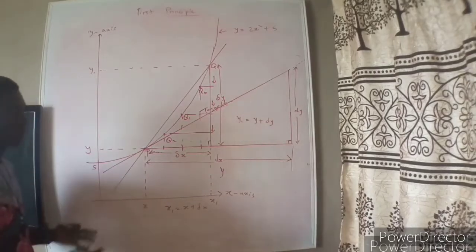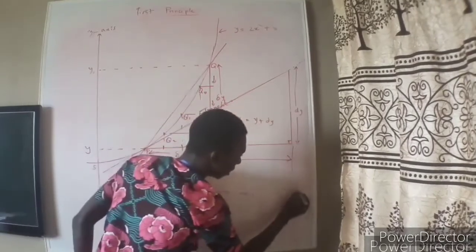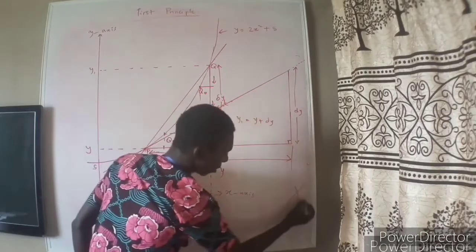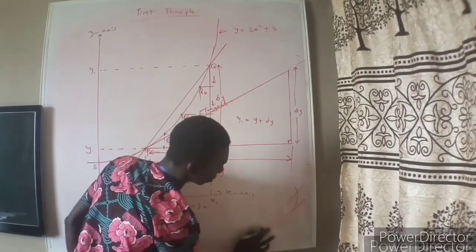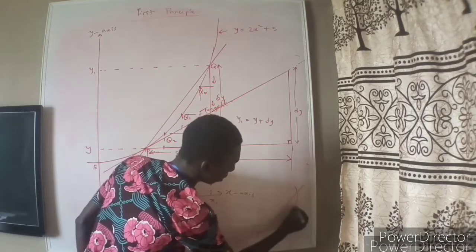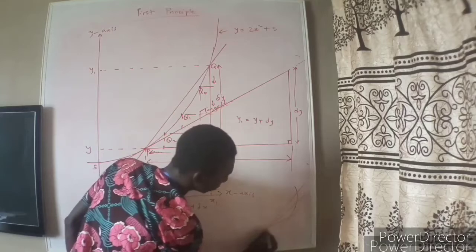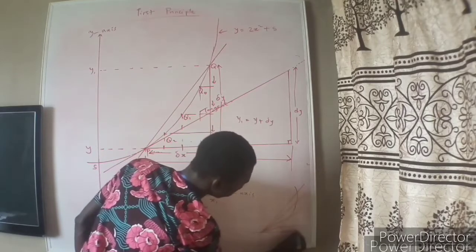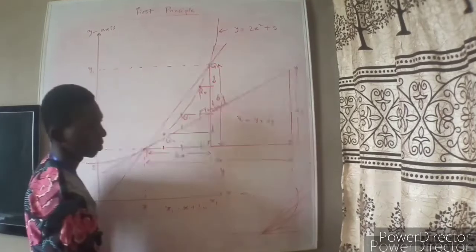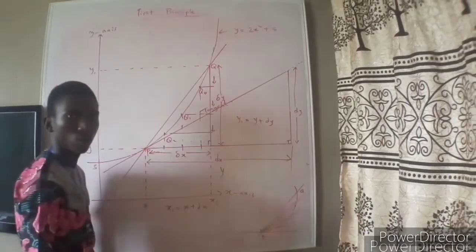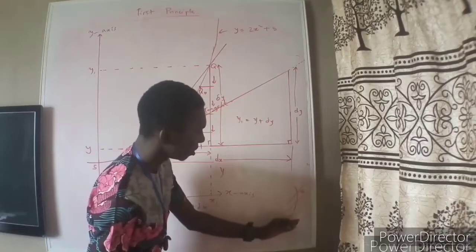Okay, let me zoom out the image. Now I have something like this, and I have this. Now this is point P, and this is my point Q. It is walking down, coming down.